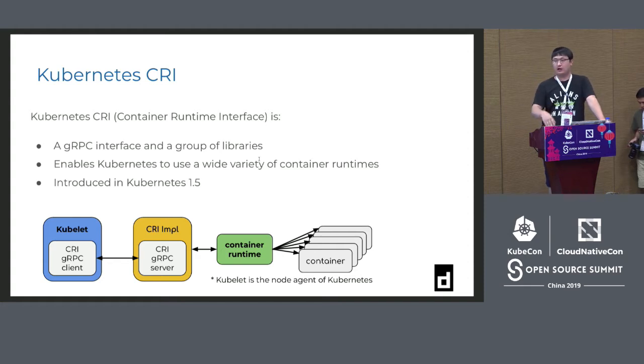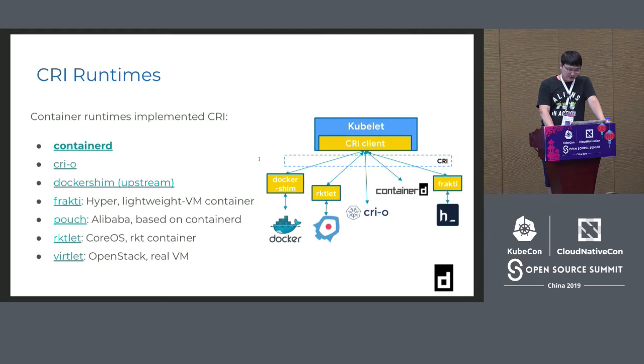We found that there were a lot of runtimes, including containerd, and we want to support different runtimes, so we defined this interface. After 2 years of development, there are more runtimes. We'll focus on containerd, and the Dockershim is used to support Docker.